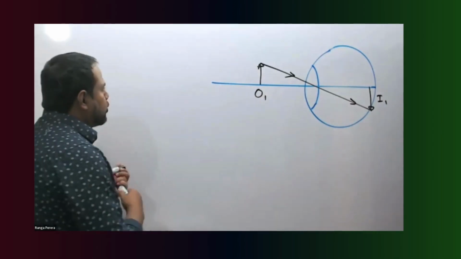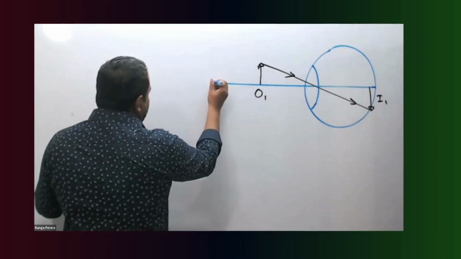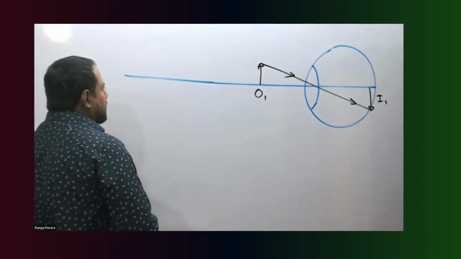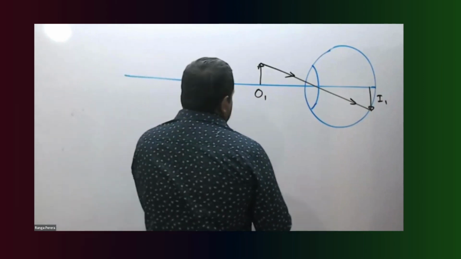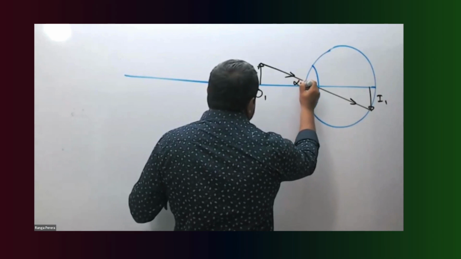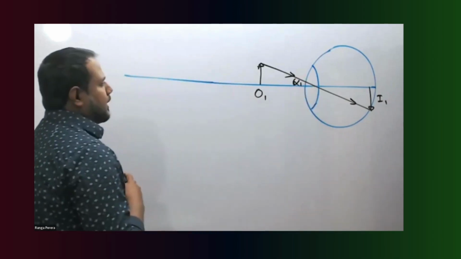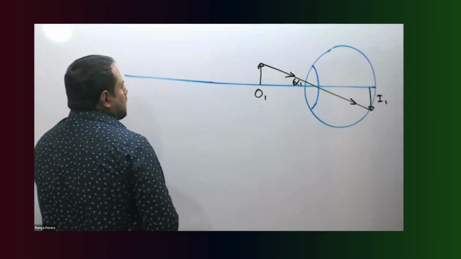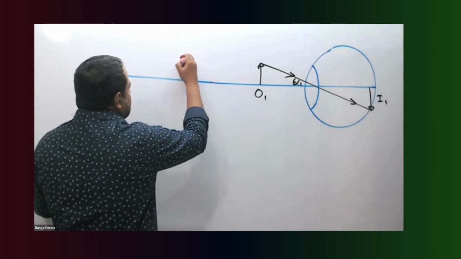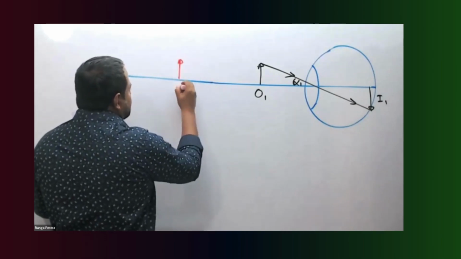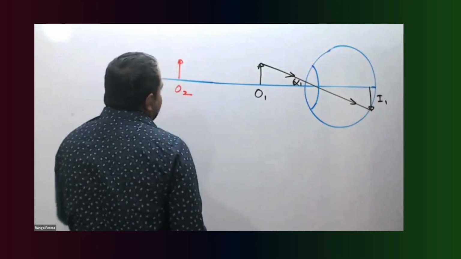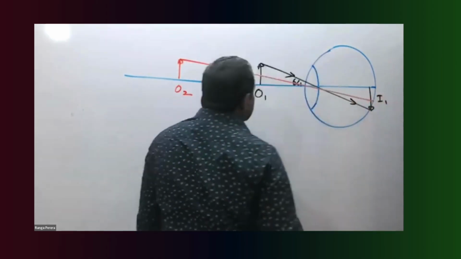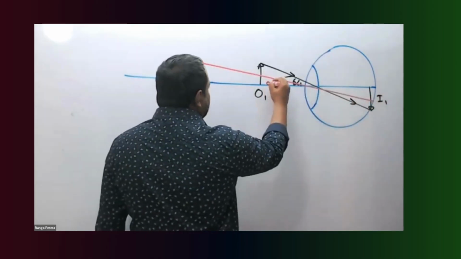Now, I take the same object to a different position. This angle is alpha 1. Now, the same object, let's say this is O2, the projected angle on the eye is alpha 2.